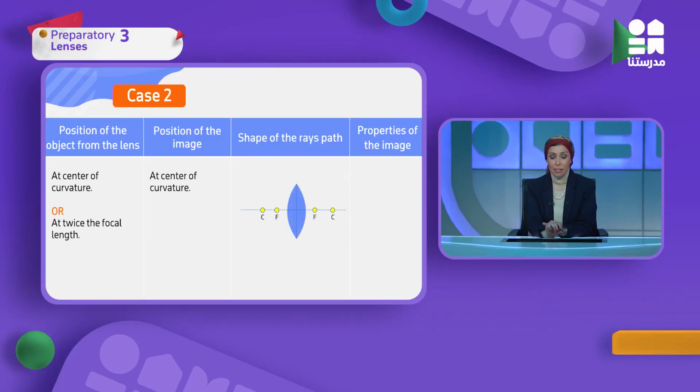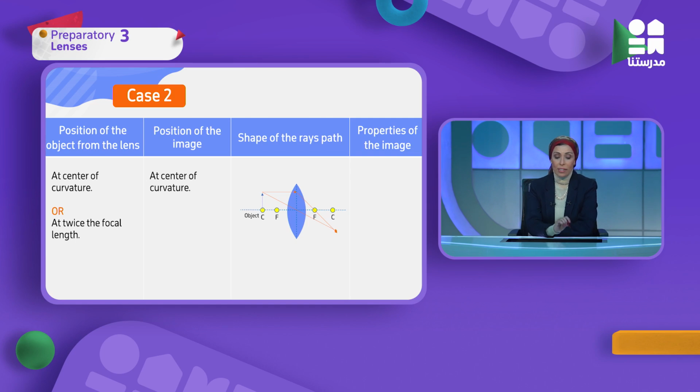Let's see how we can draw it. This is my lens with two centers of curvature and two focal points, and then I will put the object where? At the center of curvature. This is the first ray, refracted, passing by the focus, and this is the second ray passing by the optical center without any deviation.